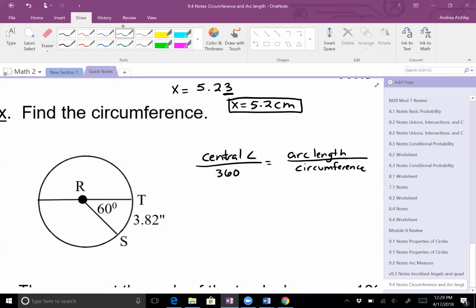Okay, so Alex, what is the central angle here? 60 degrees. 360 is always the same.